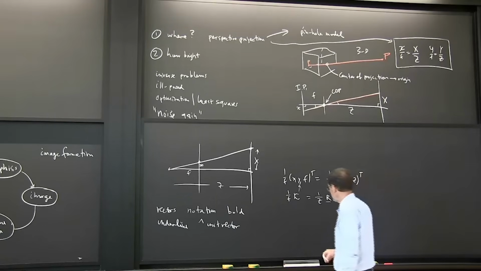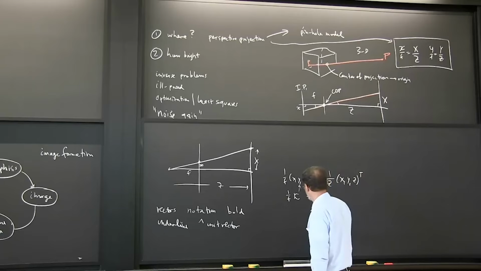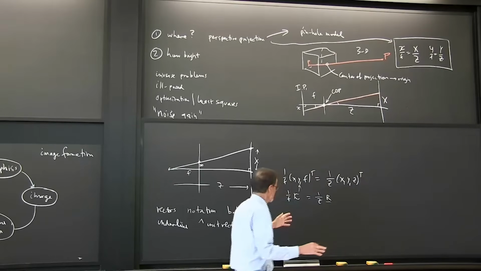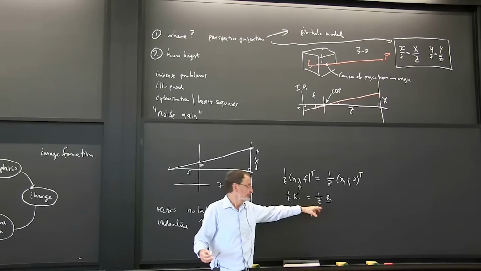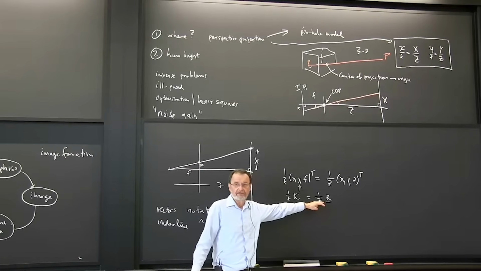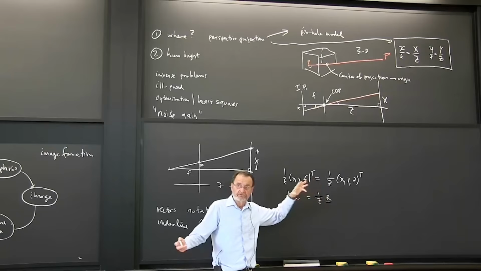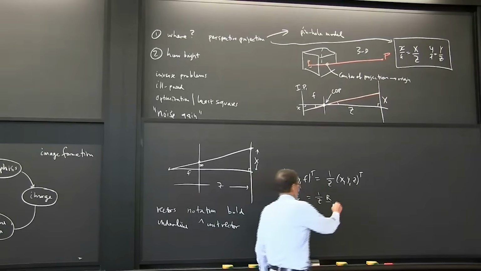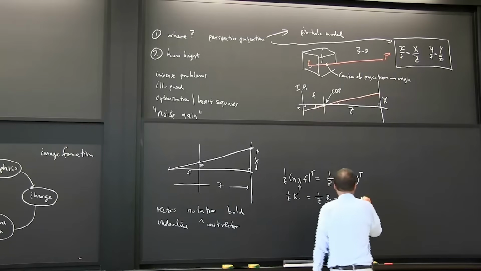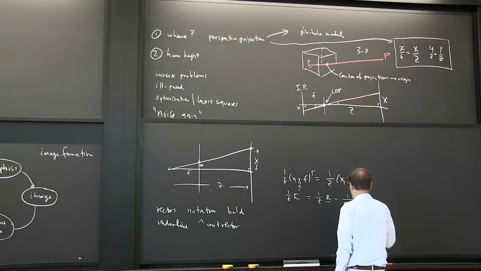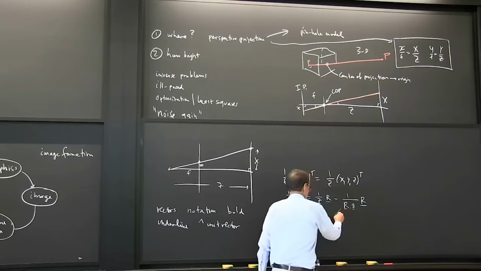Okay. And now I've got sort of a mixed notation, because I have a big Z in here. Well, that's the third component of big R vector. So I just take the dot product with unit vector Z. Let me write that out in full.